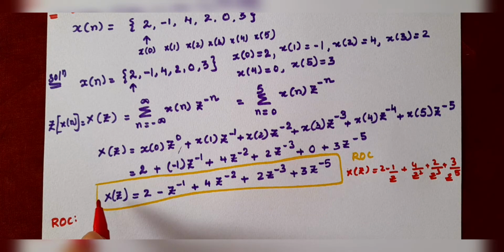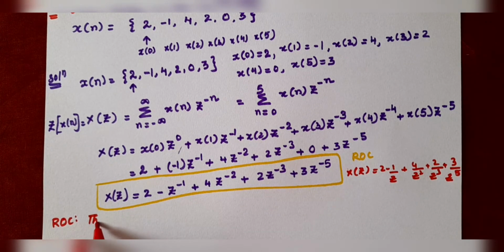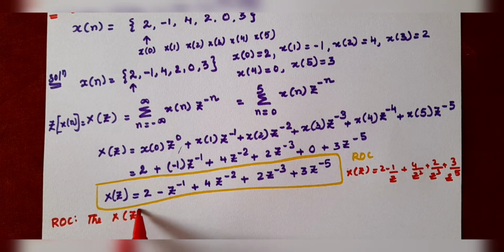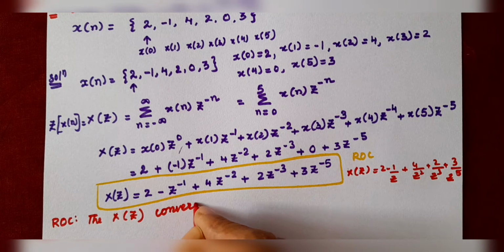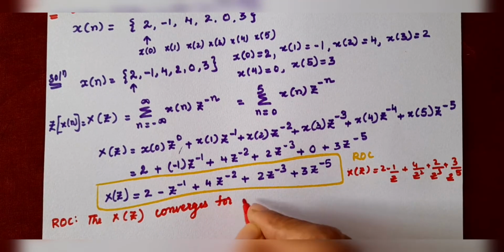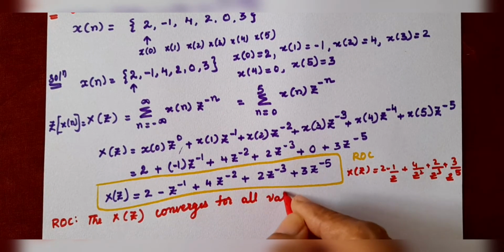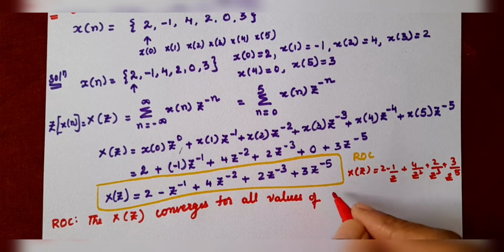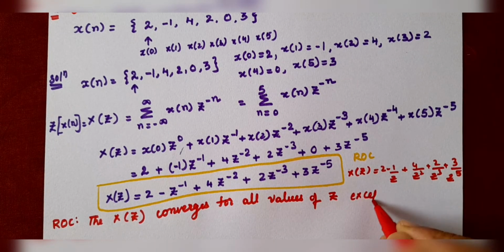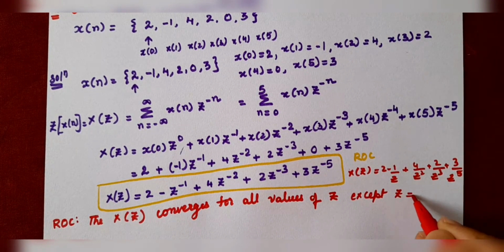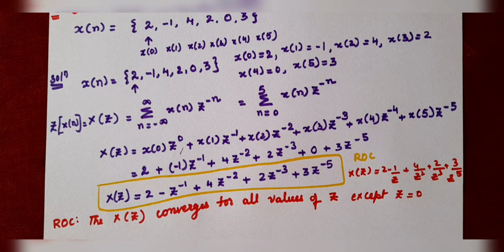So ROC is: x of z converges for all values of z except z is equal to 0. So this is ROC. So we got x of z and ROC for right hand sequence.